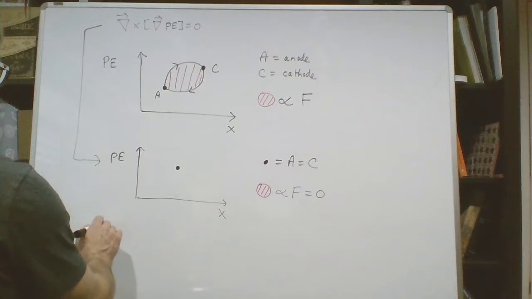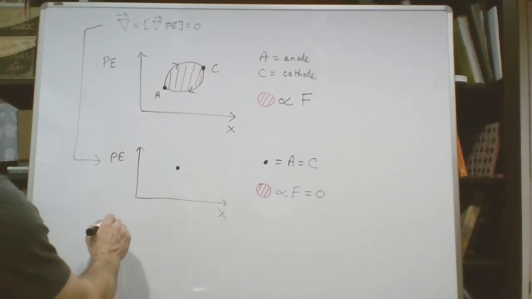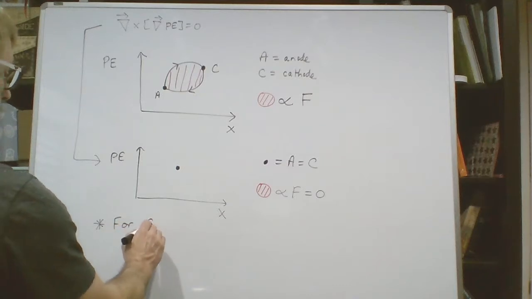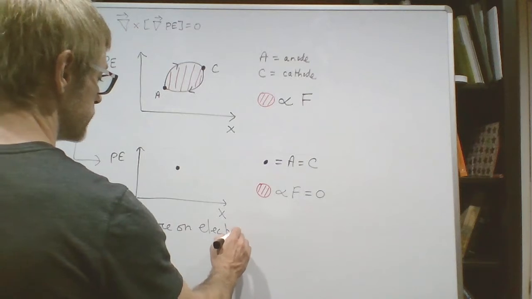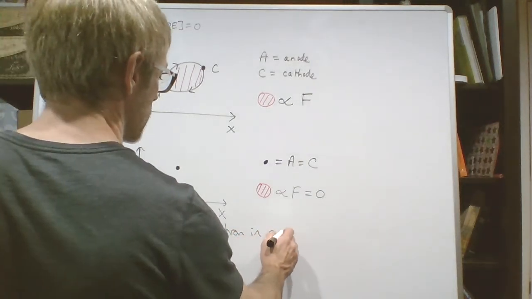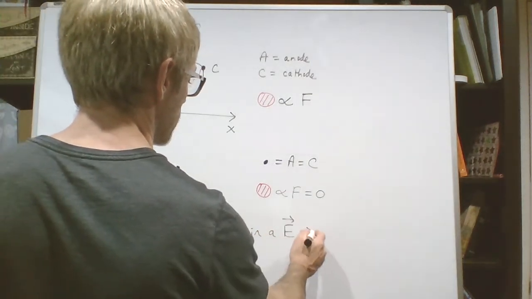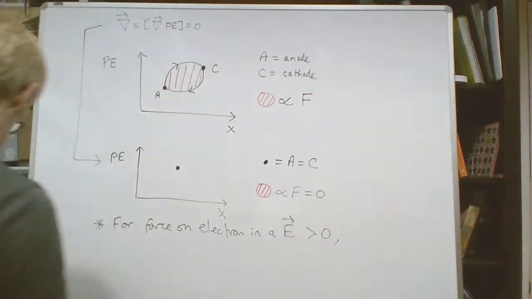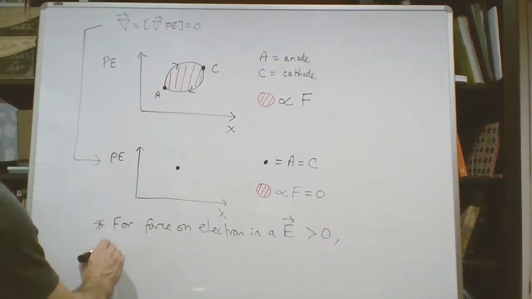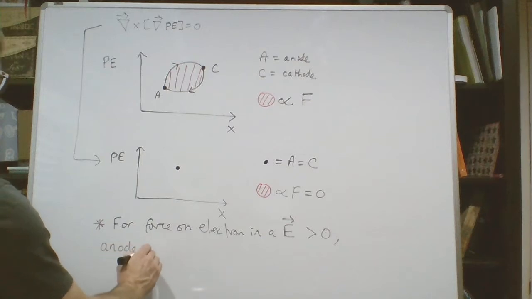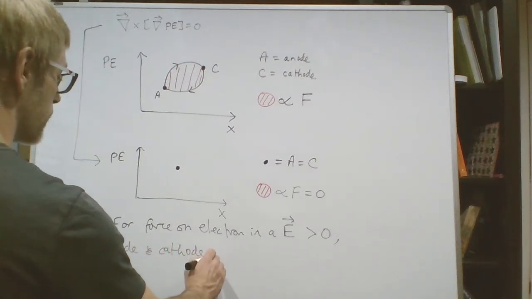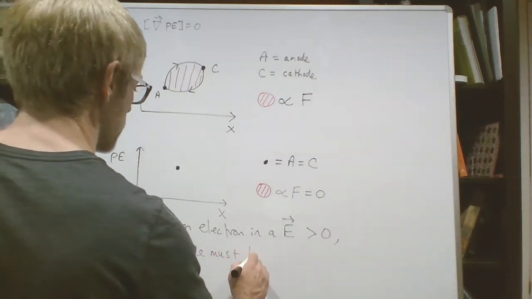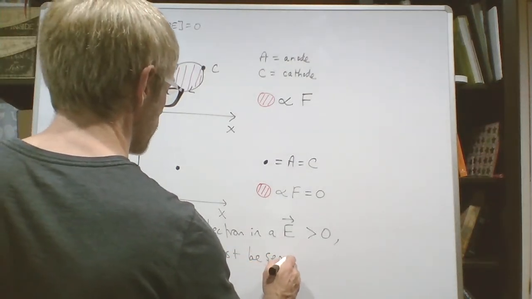So we can summarize this maybe with a statement. For the force on an electron in an electrostatic field to be greater than 0, the anode and the cathode must be separated.